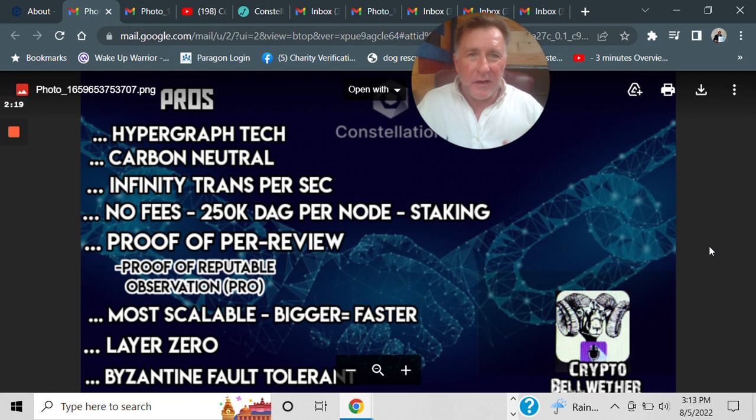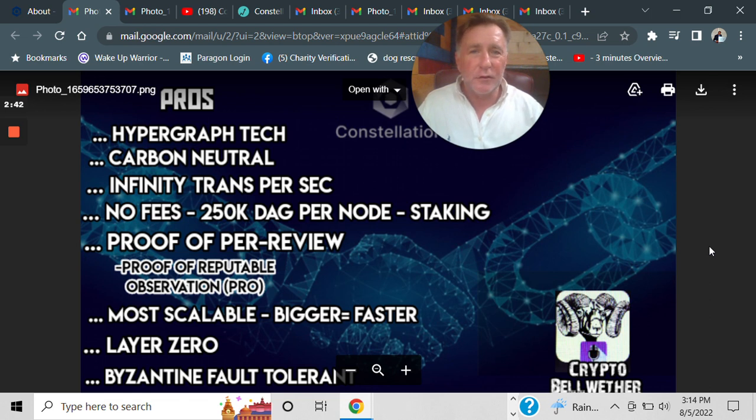Now, their protocol blockchain code, I guess you would call it, is hypergraph technology. It's totally different than anything else. There's nothing else that does the same thing as far as I know. The closest thing to it is HBAR. They have a very similar thing, but it is different.